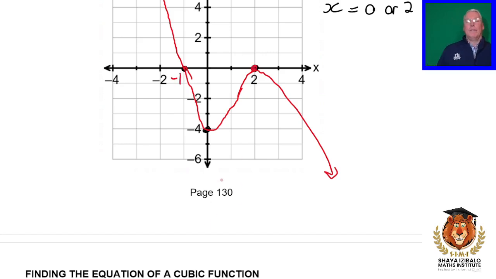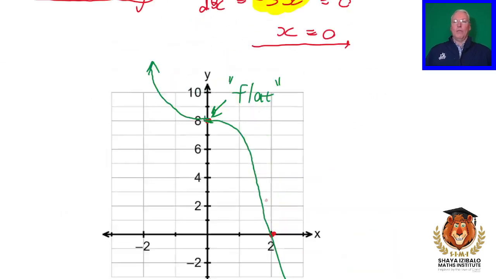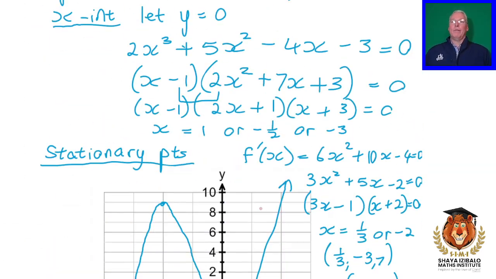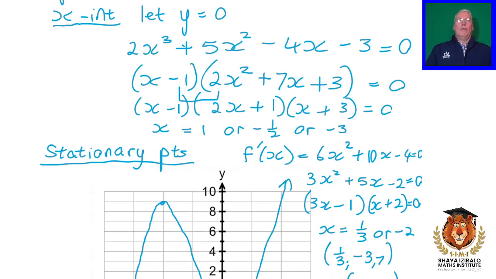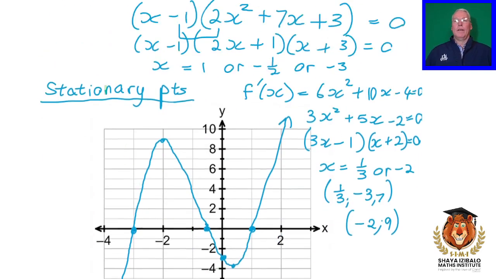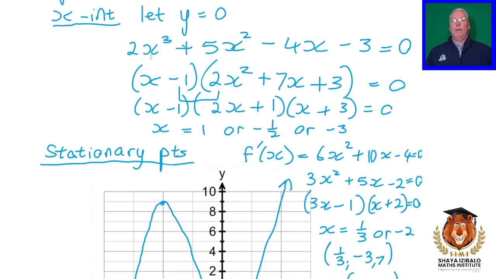Okay, right. Just something we want to quickly talk about now is that, let's just go back and look at all 5 of the cubic graphs that we've drawn. Okay, there was the first one. I want to draw your attention to something here. When this number at the front is positive, the graph goes uphill and then downhill and then uphill again. When it's positive, it goes uphill first.